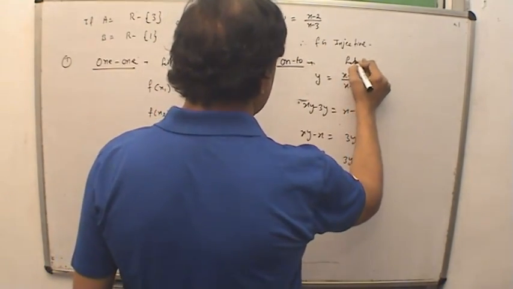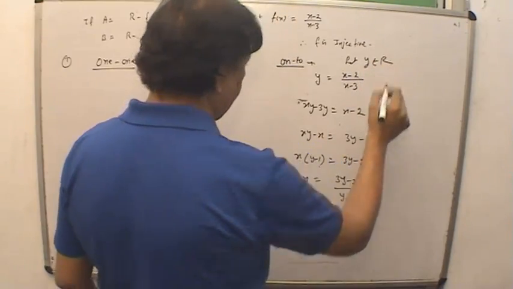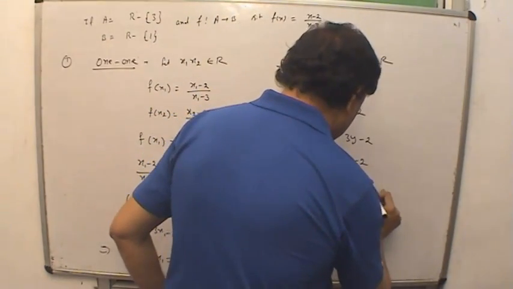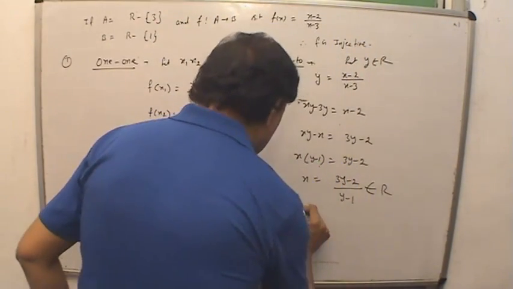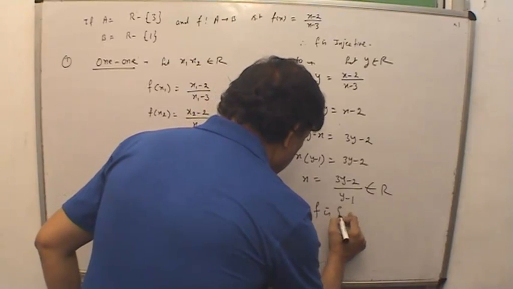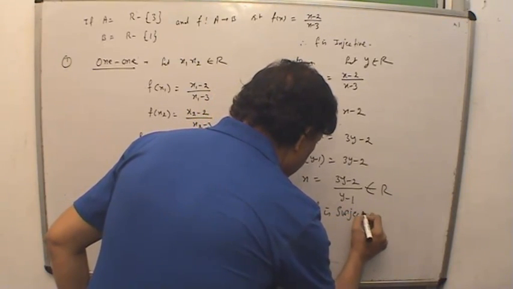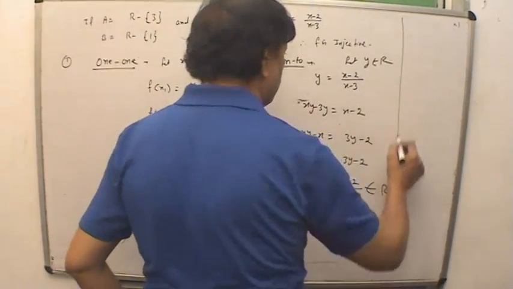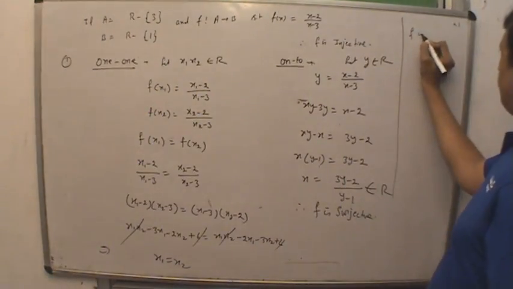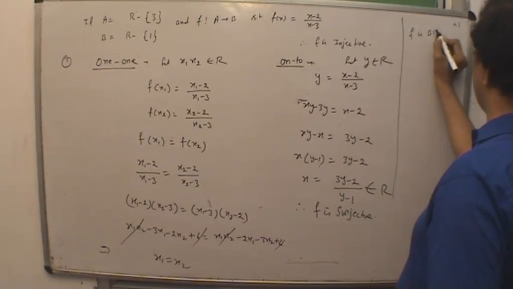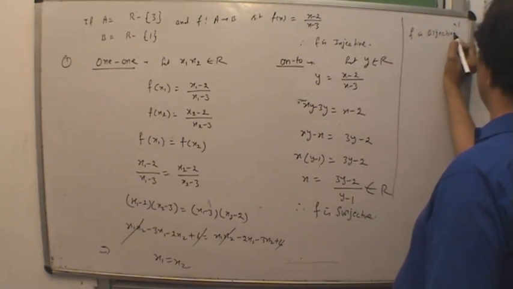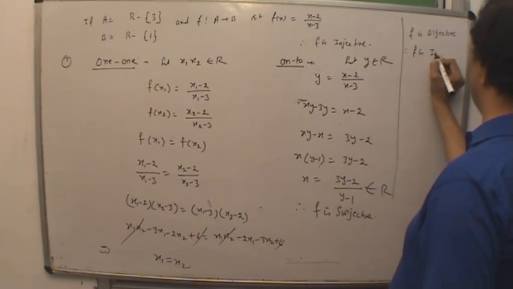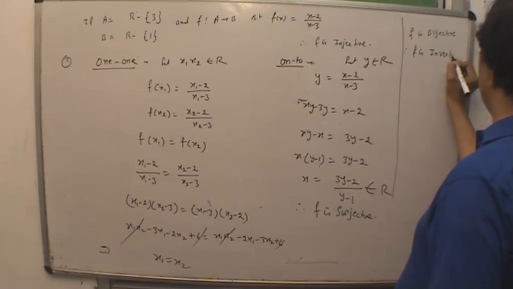And here we write let y belongs to R. If y is a real number, x is also a real number, it also belongs to R. So we say the function is surjective. If a function is surjective and injective, then we conclude f is bijective. If f is bijective, therefore f is invertible.